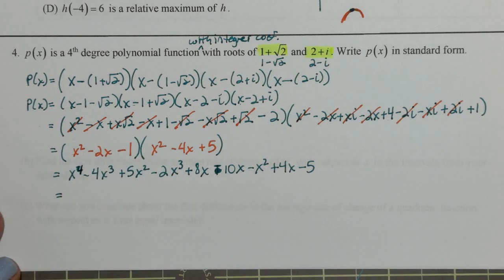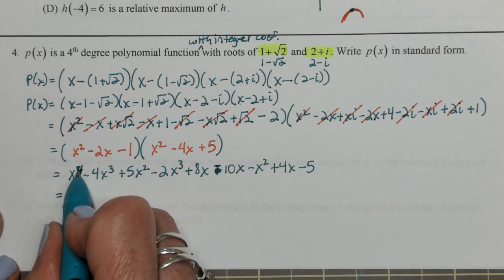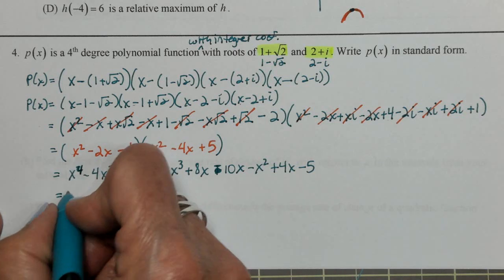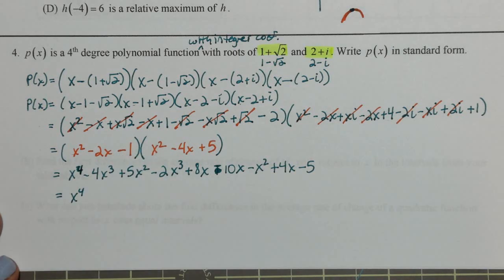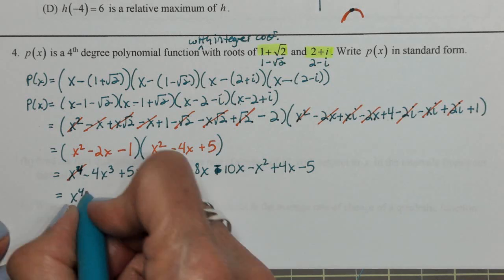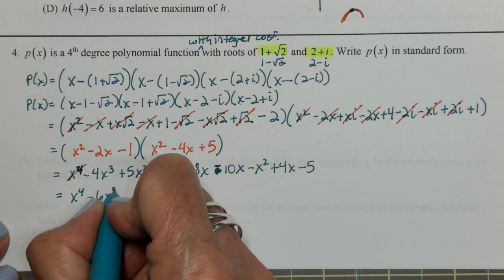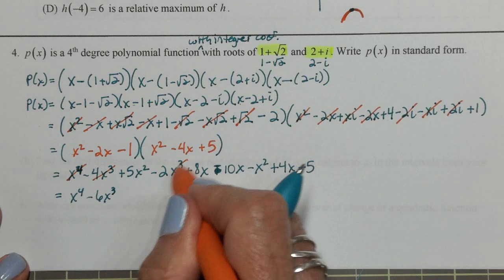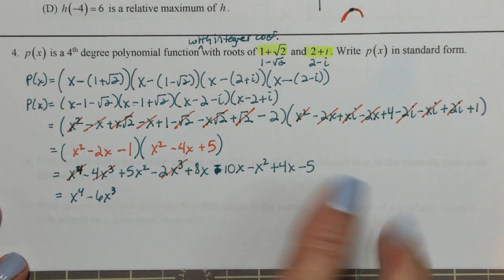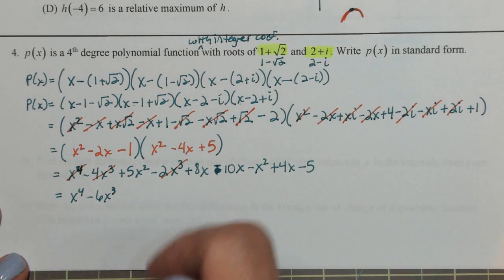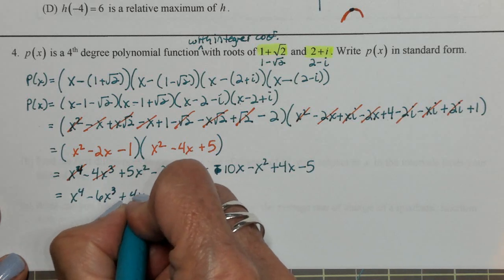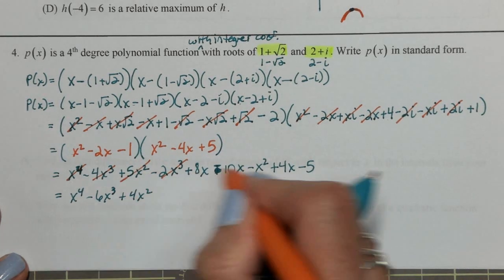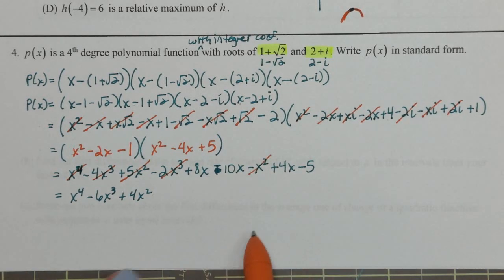Okay. Alrighty. I'm taking just a quick look just to see anything else that stands out. Like that 2 stood out to me. All right, so we have x to the fourth. We have negative 6x cubed. We have plus 4x squared. Let's see.